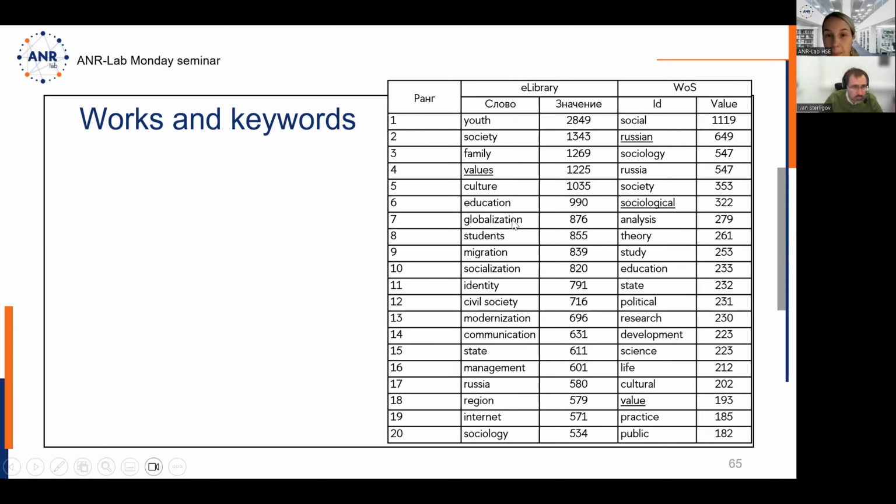We have Russia, and here we had sociology. But you can see that in Web of Science, Russian is much more represented in sense of share. So it is on the second place. Yeah, because definitely in Web of Science, in international journals, we publish something which is connected to something which is going on in Russia.